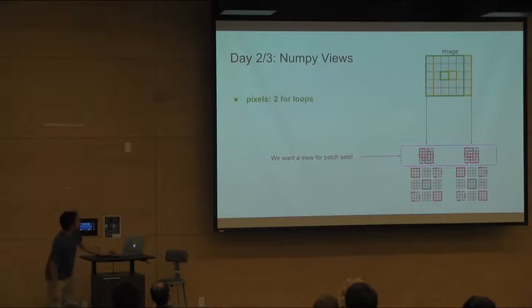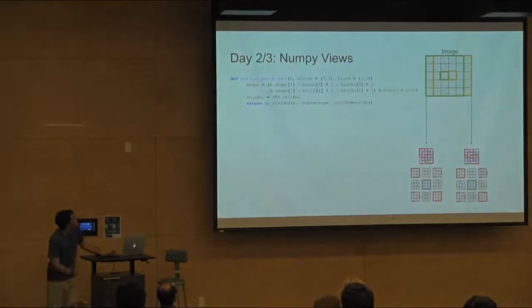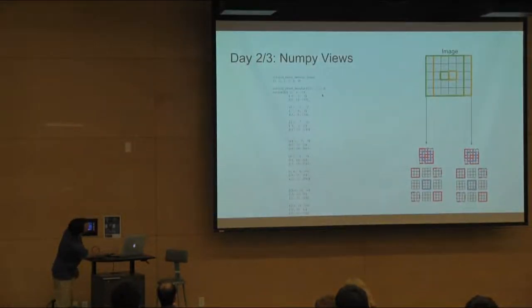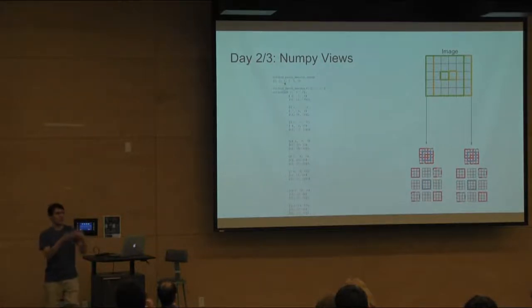And so, going back to that function, the trick here was to expand the abstraction to include a notion of how many patches around the center patch we want. That's an additional parameter, and it's basically creating a view into the same array that has a way to index the patch set directly.